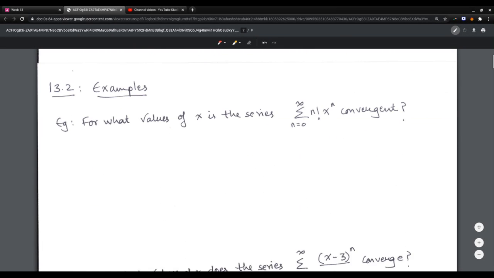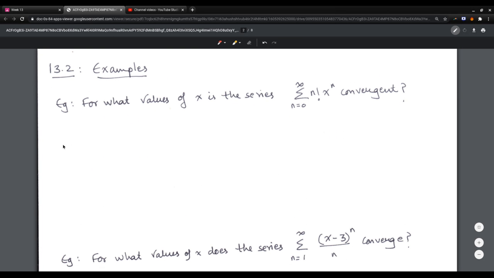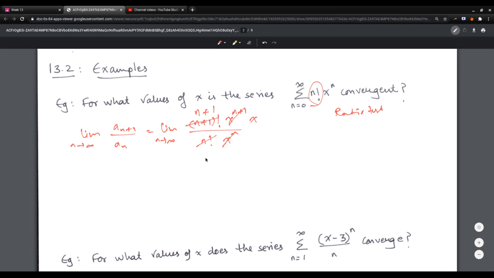Okay, for what values of x is this particular series convergent? So we're going to have to resort to some of the tests we have seen before. The presence of this factorial sort of implies that maybe I should consider the ratio test. So the ratio test says take the limit of the n plus 1th term over the nth term. That's going to be n plus 1 factorial x to the n plus 1 over n factorial x to the n. This cancels out, this comes out to x, this cancels out, and you get n plus 1.